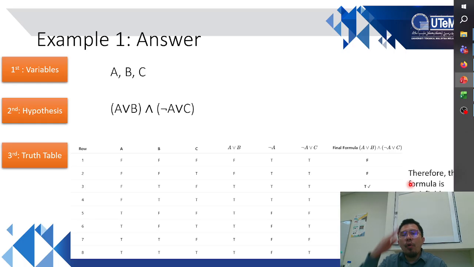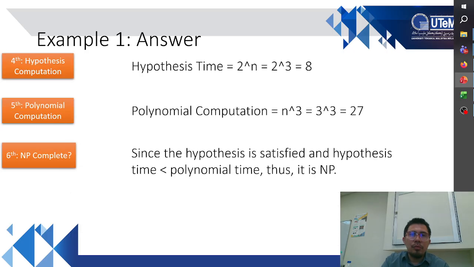If all the outputs are false, it means it's not satisfiable. But if only one is true and the others are false, it can also be considered satisfiable. Understand? Any question? No question. Okay, good. Don't worry, we have many examples after this.